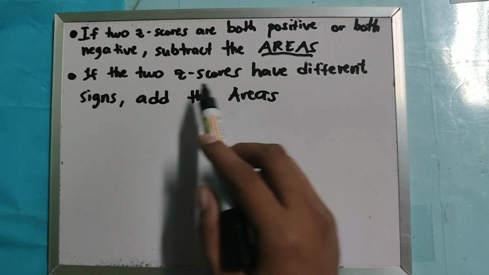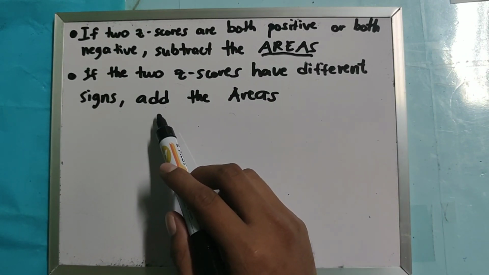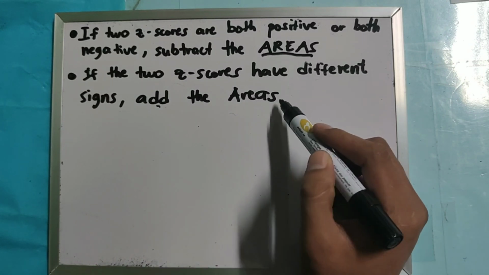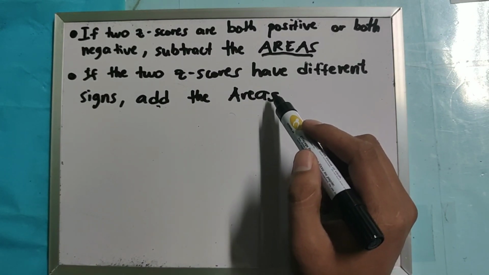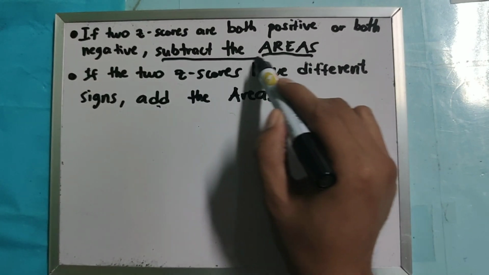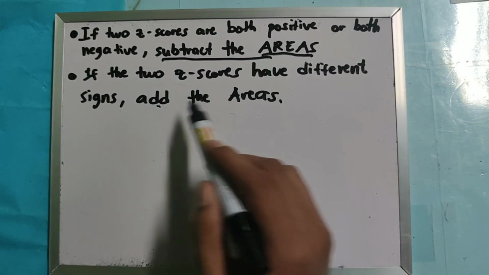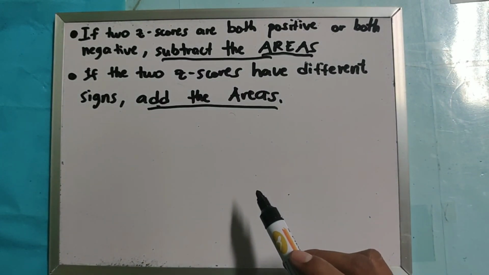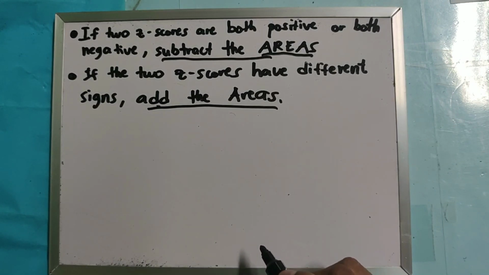Now, if the two Z-scores have different signs naman, add the areas. Okay? Kapag parehas yung sign, anong gagawin? Subtract the areas. Kapag different signs, anong gagawin? Add the areas. Okay, we have here an example.